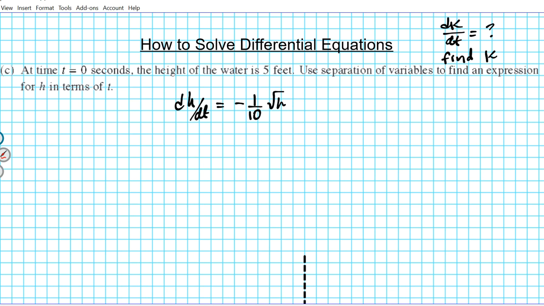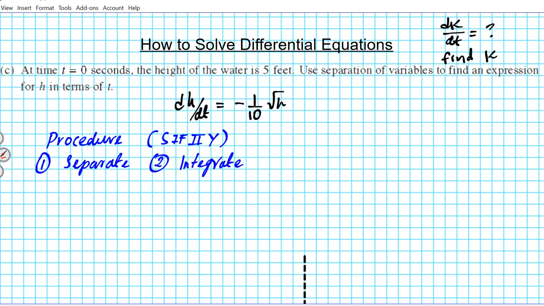All right, so let's talk about the procedure for solving differential equations. Number one, you separate the variables. Number two, you integrate both sides of your equation.